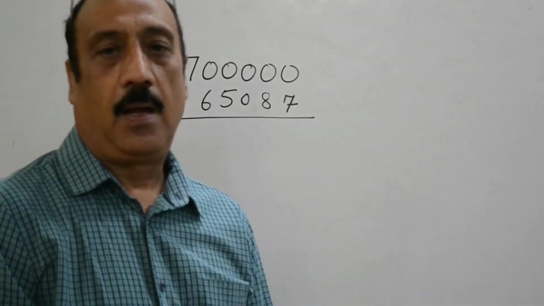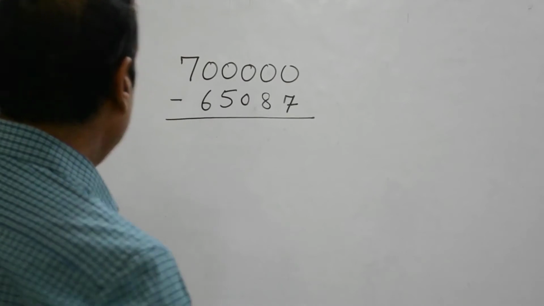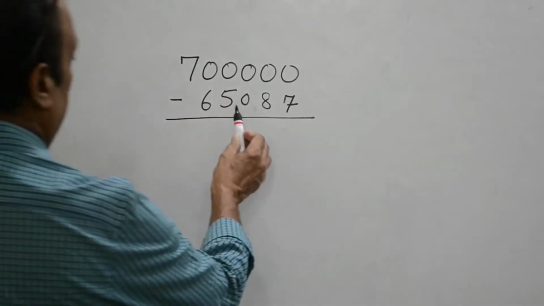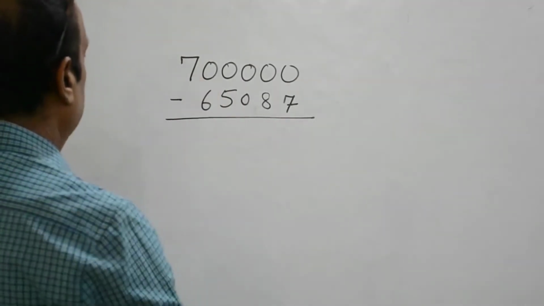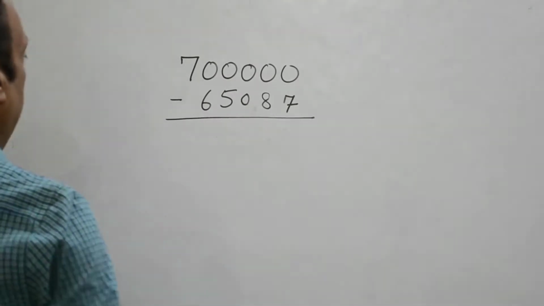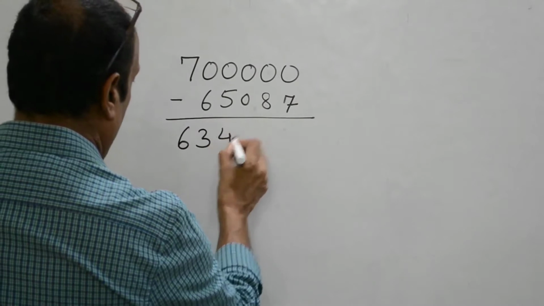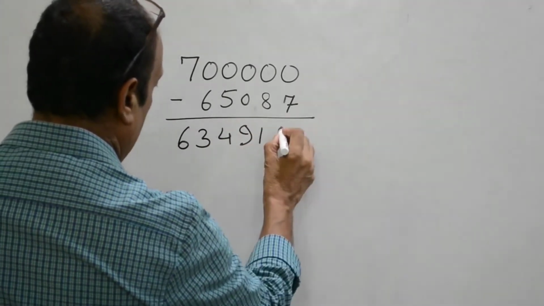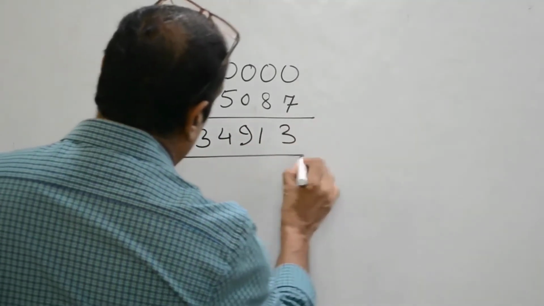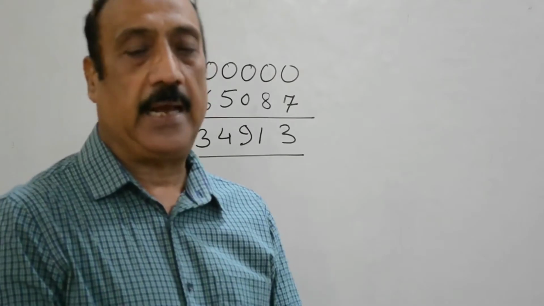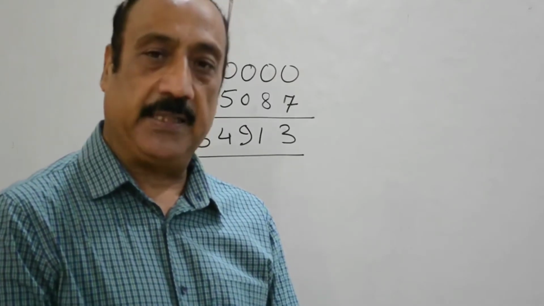I want to subtract 65087 from this number. The answer will be 634913. This I have done with the help of Vedic mathematics.